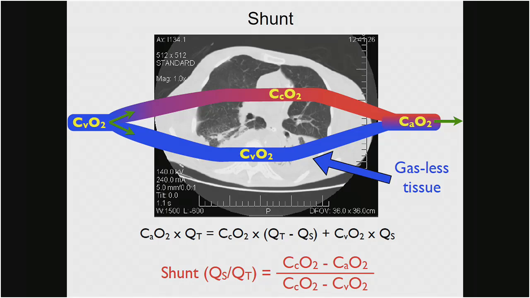Whereas the venous blood going to the upper areas of the lung with some ventilation gets oxygenated. And the resulting oxygenation, or the resulting gas exchange, really depends on the proportion of these two areas. If you're interested, I put the equation which really is being used at the bedside to measure the shunt fraction.